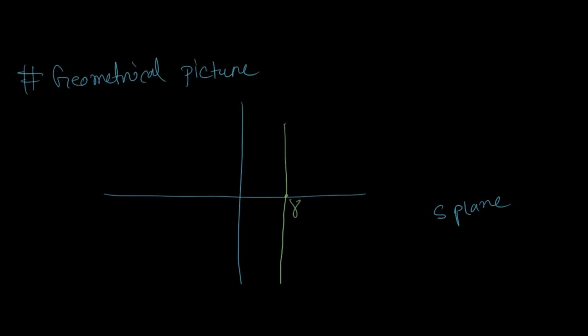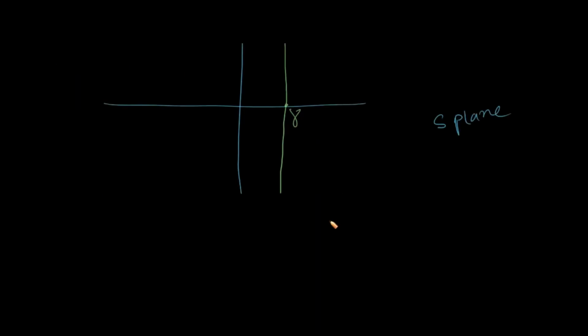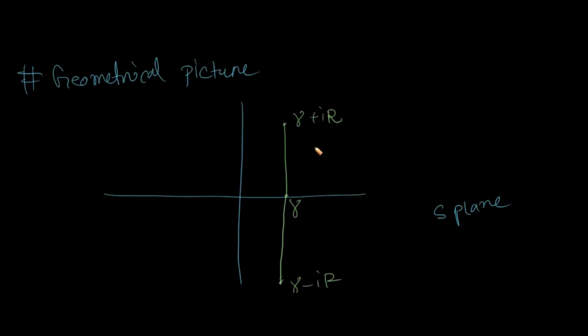Let's say this point has a coordinate of gamma plus iR, and this one gamma minus iR, and we chose this gamma in such a manner that all the singular points of F of s lie on the left side of this straight line.